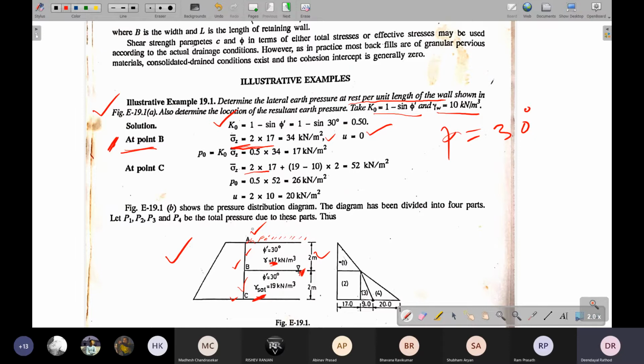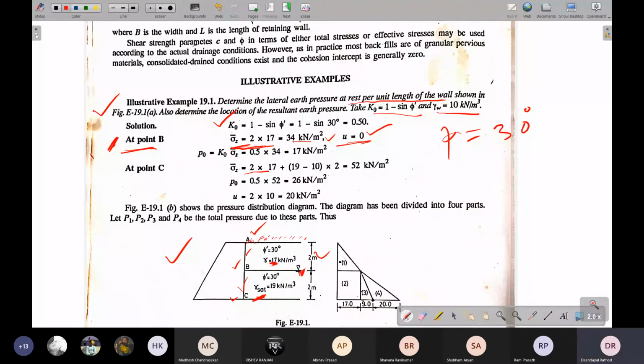Now let us take point B. Point B is in the first layer. Here 2 into 17 plus 0, nothing but 34.